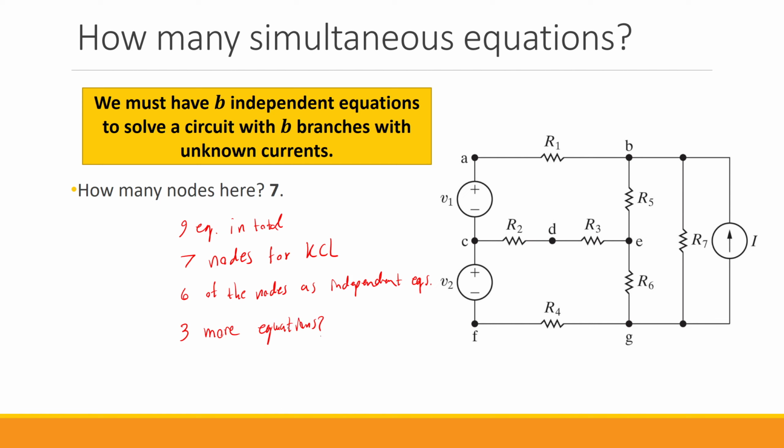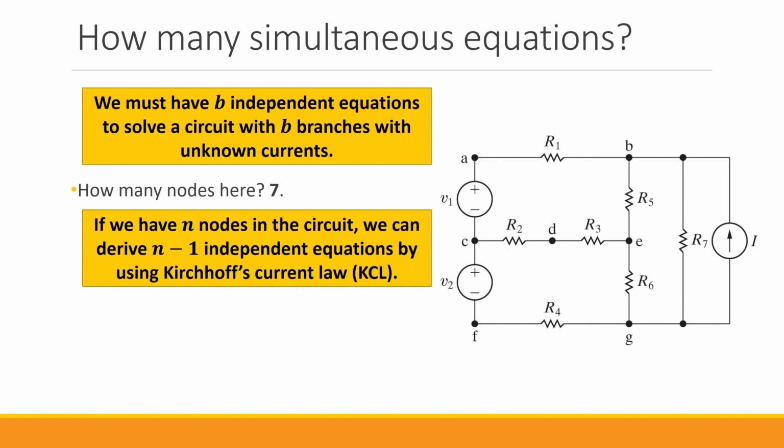So how do we come up with those? We can use KVL, or Kirchhoff's voltage law, in the loops of the circuit. Generally speaking, if we have n nodes in the circuit, we can derive n minus 1 independent equations by using Kirchhoff's current law.